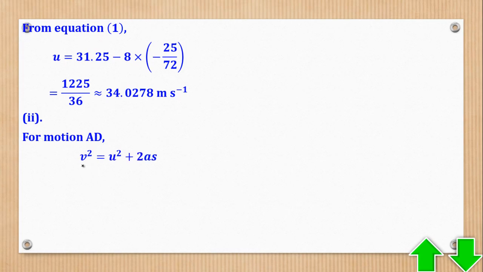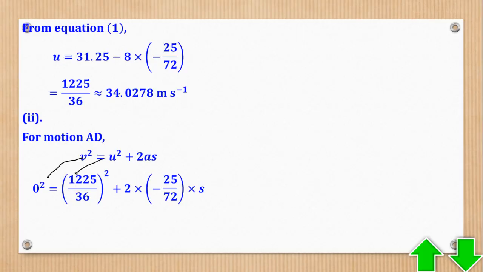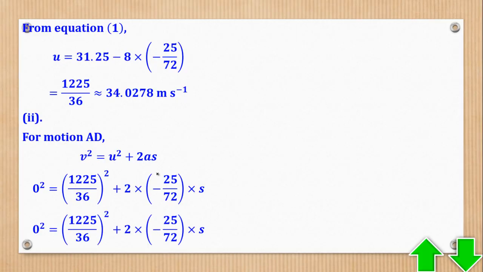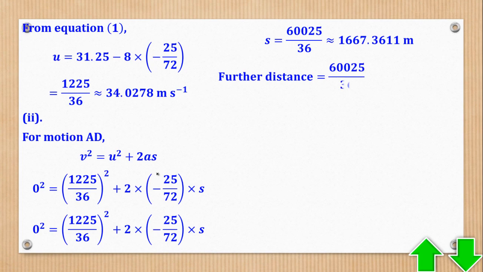So using the third equation of motion, substitute V, U, and A to remain with S as the only unknown. So substitute to get S, then the further distance will now be got by subtraction, and that's what they wanted.